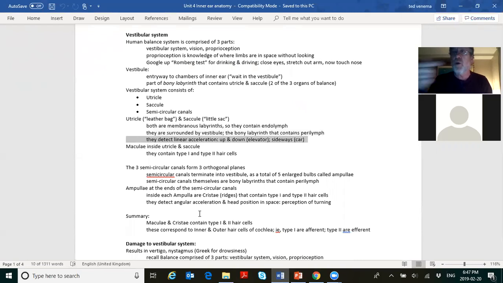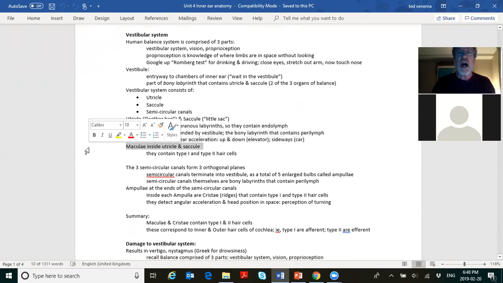One of them looks at horizontally, the other one looks at vertically. I don't remember which one, don't really care. All I know is that you need to know that the utricle and saccule are membranous labyrinths inside the vestibular system that help you detect linear acceleration, either on a horizontal plane or a vertical plane. D is for done, okay?